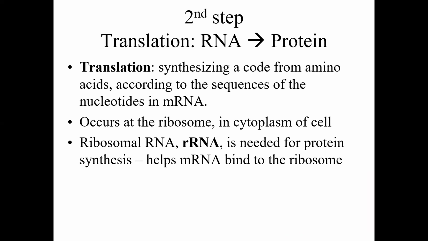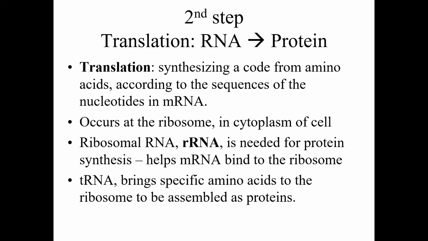We have what we call ribosomal RNA, which is needed for protein synthesis. It helps to bind to the ribosomes. And we have what we call transfer RNA, which brings specific amino acids to the ribosome to be assembled as protein. So we have seen the function of messenger RNA, the function of ribosomal RNA, and the function of transfer RNA.